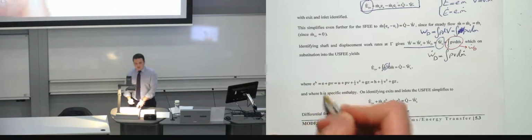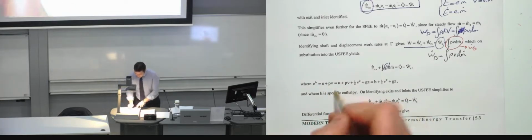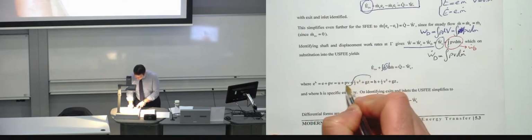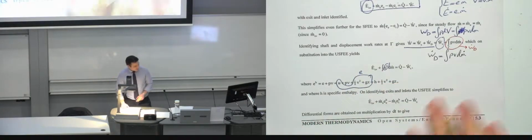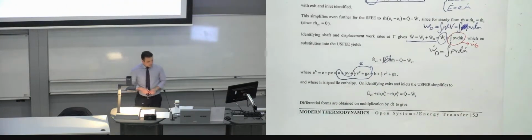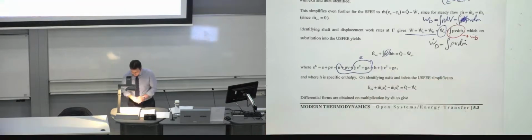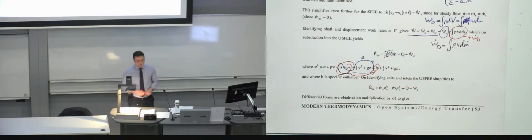It's actually E plus Pv, and of course this is what we know as a conventional definition of E, the three components, and when you combine it with Pv, then it gives you h plus half V squared plus gz. Because u plus Pv gives us a very useful parameter called h.